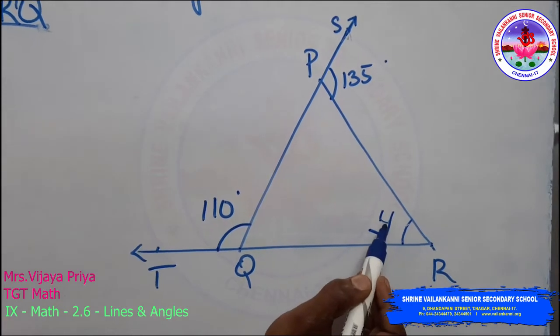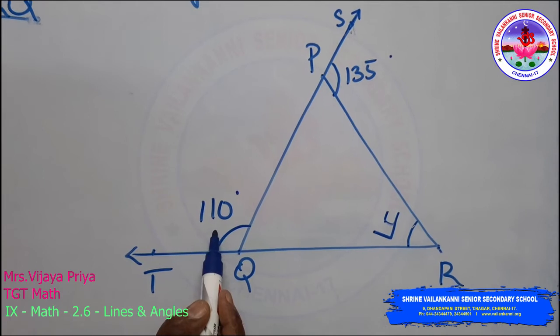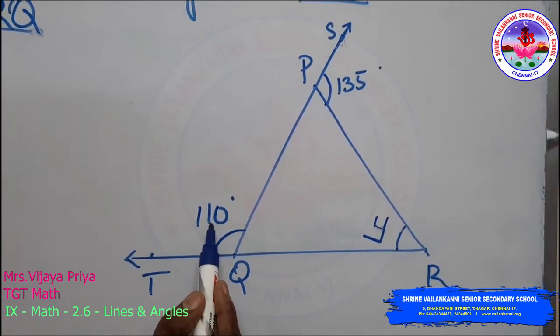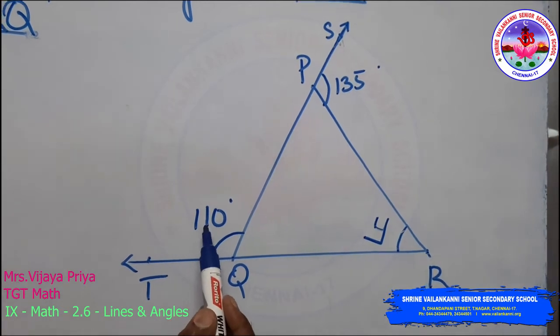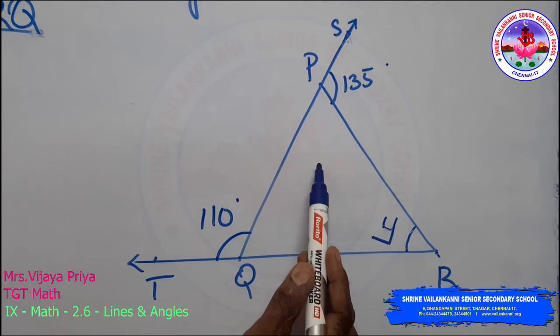In order to find my Y, I am going to use the exterior angle of a triangle, where my exterior angle is given as 110. The property is: the exterior angle of a triangle is equal to the sum of the two interior opposite angles.